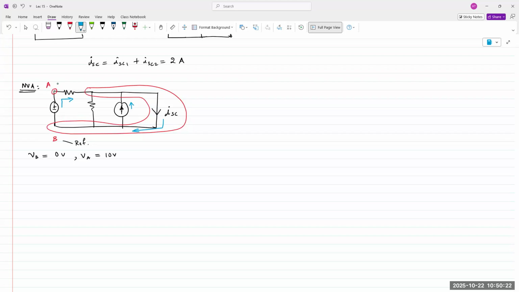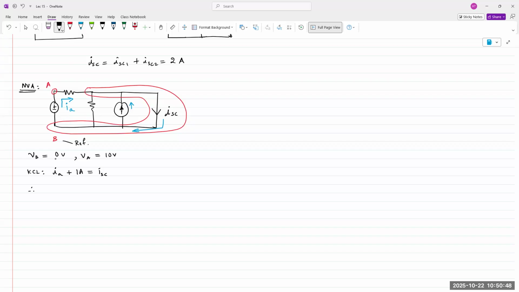So I have one current coming from the left, another current coming up from the current source, and ISC is the total current. So if I apply KCL, let's call this IA. I have IA plus my current source of 1 amp is equal to ISC.